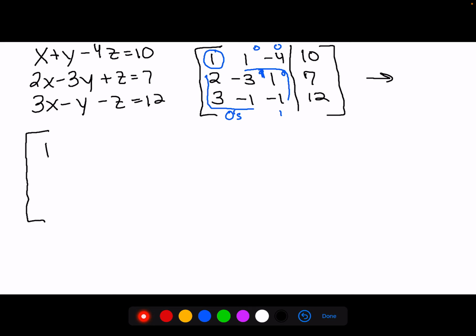All right, so we're going to leave 1, 1, negative 4, and 10 where it is in row 1. That's not going to change. But I'm going to work on getting the zeros underneath the 1 first in that first column. So I'm going to take the first row and multiply by negative 2 and add that to the second row.